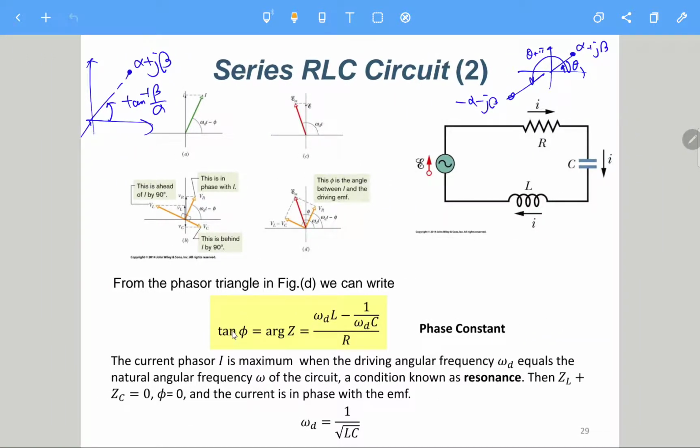As you know, I recall that Z is EM over the square root of R squared, this is R plus j omega_d L minus 1 over omega_d C, like this. So this is a real number, so the phase of this one is 0. And the phase of this one is, of course, arctangent of this term over this term.